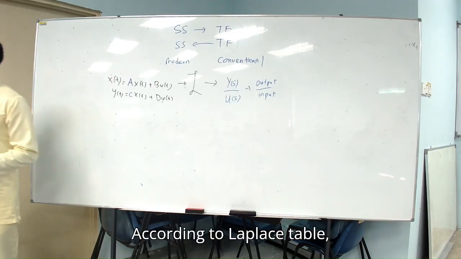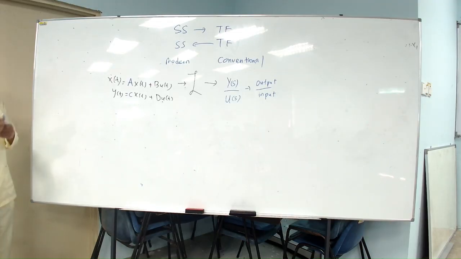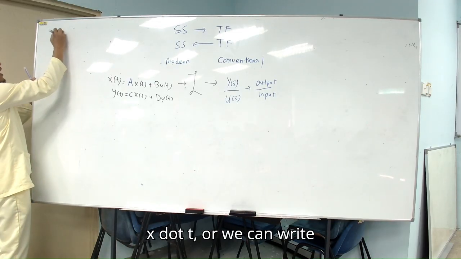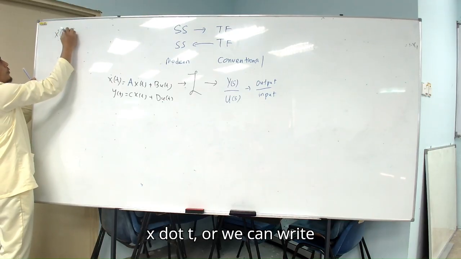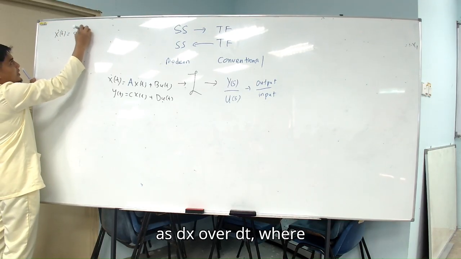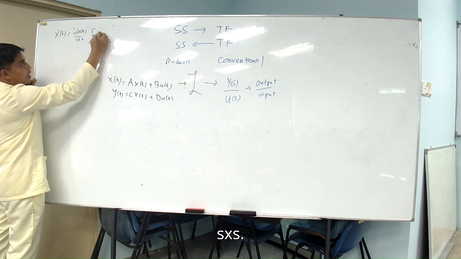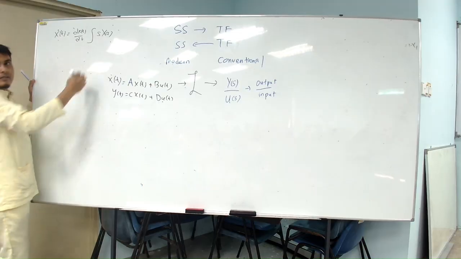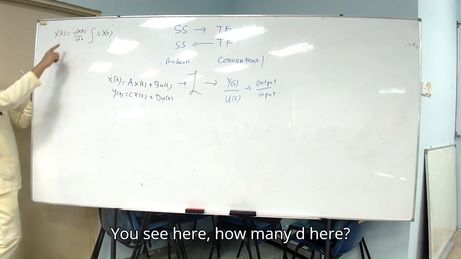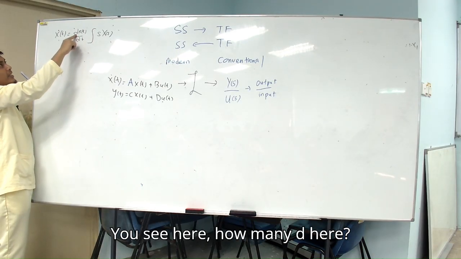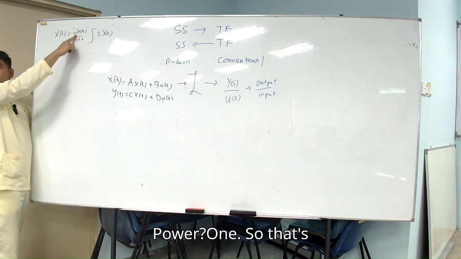Okay. According to Laplace table, x dot t, or we can write as dx over dt, when we Laplace, we get sX(s). You can see how many d here? Power 1.